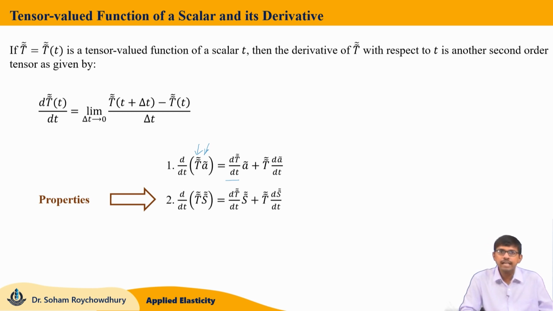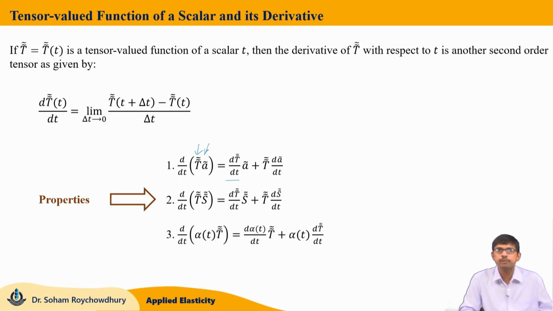The same property is valid if we have a product of two tensors, capital T and capital S. So, d/dt of TS equals dT/dt times S plus T times dS/dt. We are taking chain rule differentiation of both tensors T and S one after another.